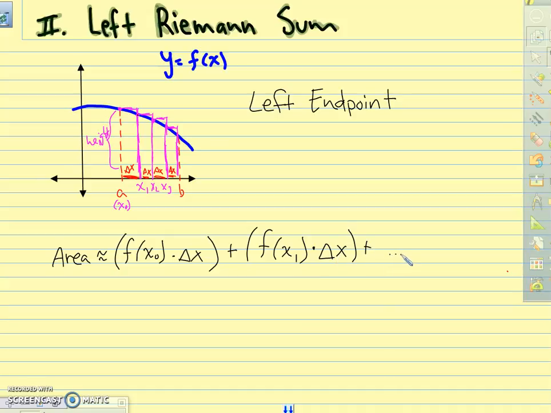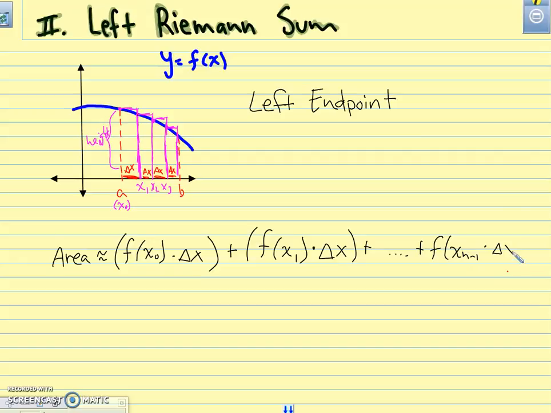And once again, we don't necessarily have to have 4 rectangles, so plus dot dot dot plus f of x sub n minus 1 times delta x. This n minus 1 tells us that it has to be the left endpoint.